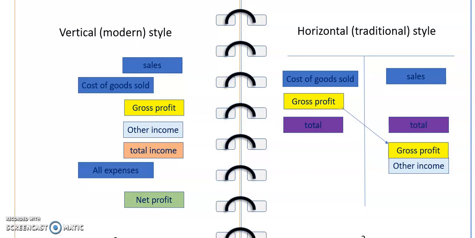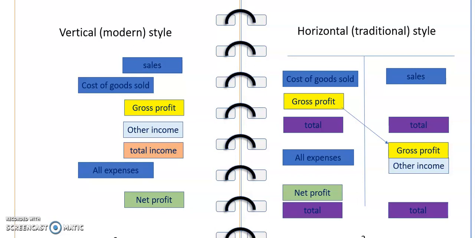Then you take away your expenses on the left side. List all the expenses and take them away. Again, if the expenses are less than the total incomes, then your net profit should fall on the left side as well. And as I said, both totals at the bottom must be the same.